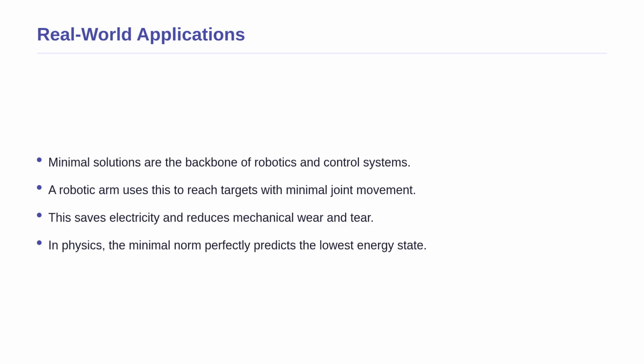There are infinite ways it could bend its arm to get there. The minimal solution tells the robot how to reach the target while moving its joints the absolute least amount possible. This saves electricity and reduces wear and tear. Furthermore, in physics, nature almost always prefers the state of lowest energy. The smallest vector mathematically represents this lowest energy expenditure.